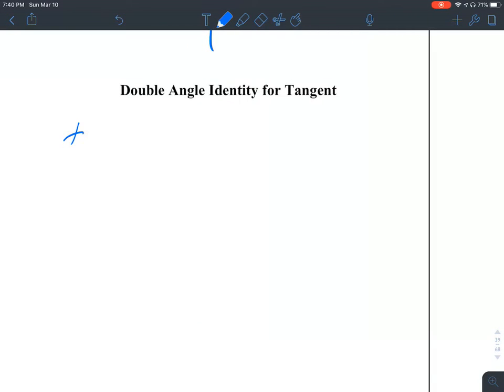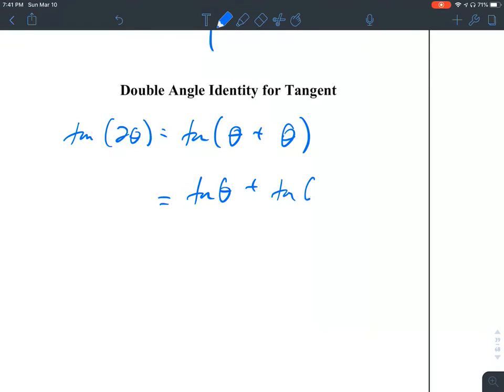Let's think about what tangent of 2 theta would be equal to. Well, that's going to be equal to tangent of theta plus theta. That's the sum identity for tangent, which is tangent of the first angle plus tangent of the second angle over the difference of 1 and tangent of the first angle times tangent of the second angle.